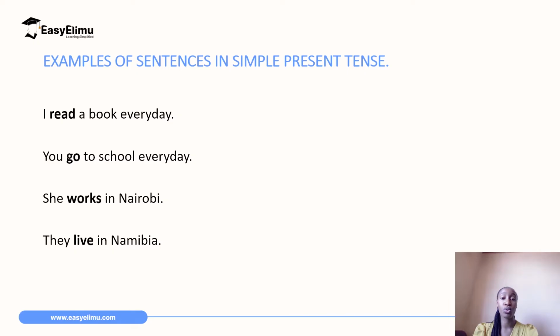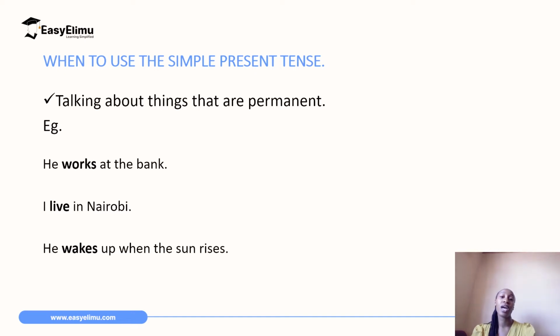You go to school every day. She works in Nairobi. They live in Namibia. I hope you have taken note of those verbs, and we are going to see how they change over time throughout this lesson.